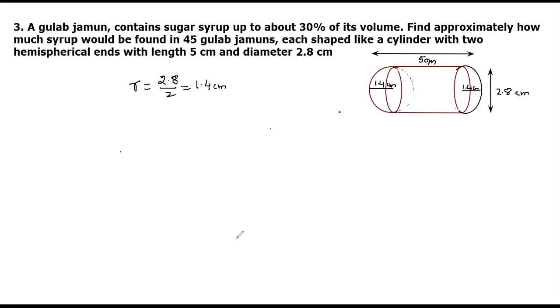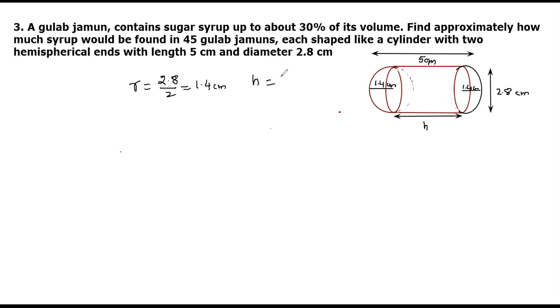What will be the height of this? We have to first find the height of this cylinder. That means from this point to this point is the height of this cylinder. Let us suppose that it is denoted by h because there is no height of any other solid. So this is h. 1.4 plus 1.4 is 2.8, so we have to subtract 2.8 from 5.